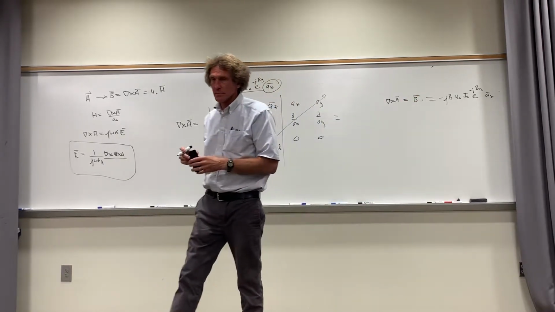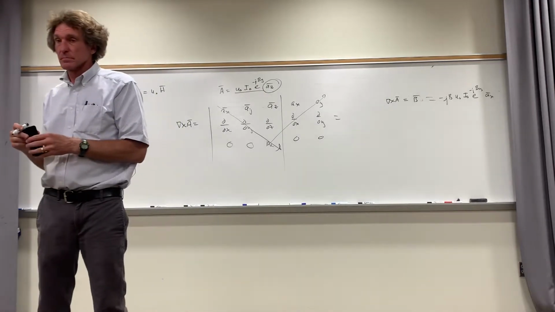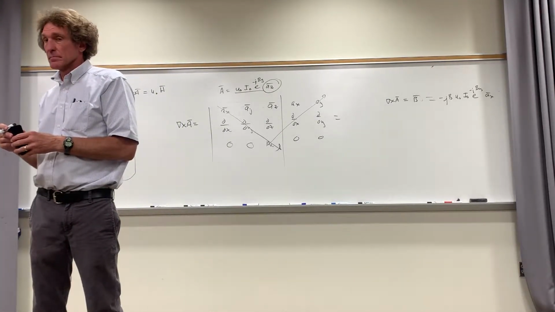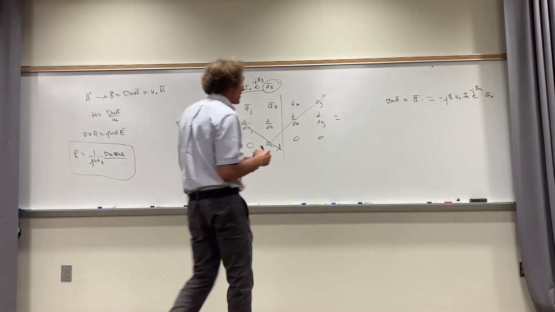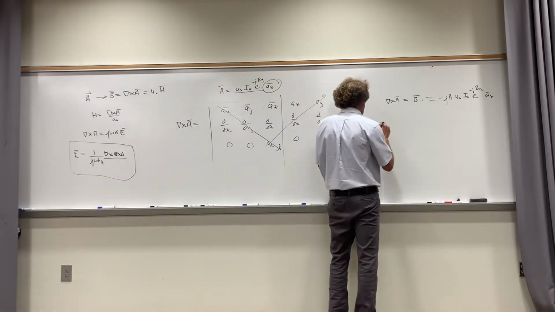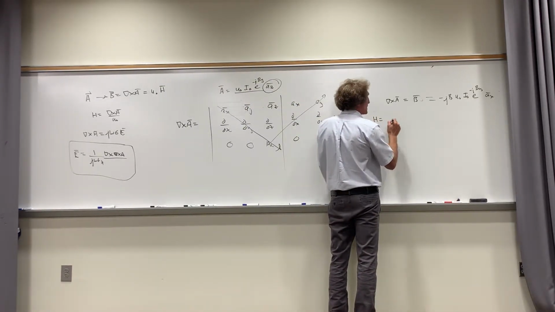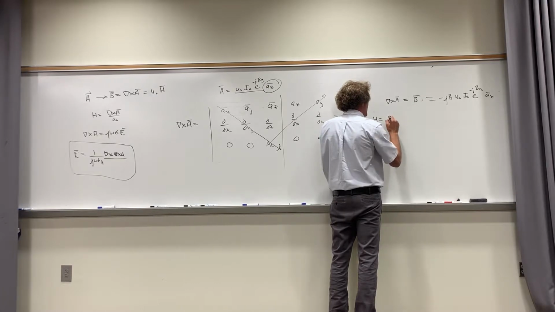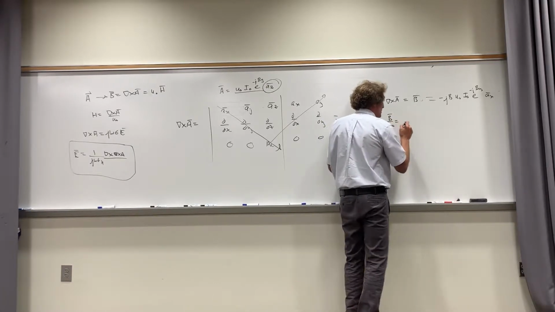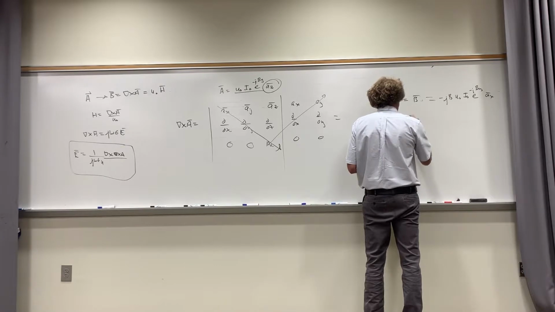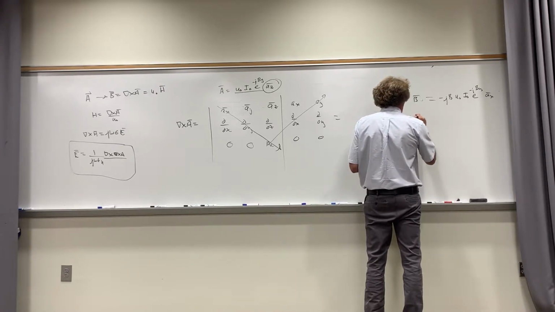What else did they ask for? E? Well, from that, just divide by mu naught to get the H, then you can get E. That's right. And so now, if I want to get H, I can say H is equal to simply B by mu naught. So it's equal to minus J beta I naught e to the minus J beta Y AX.